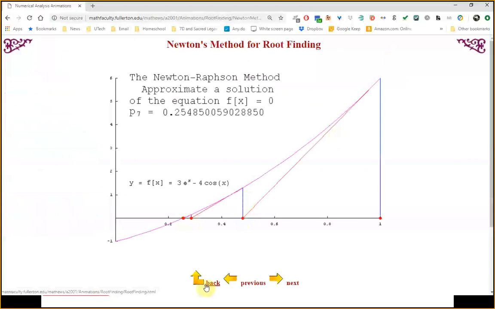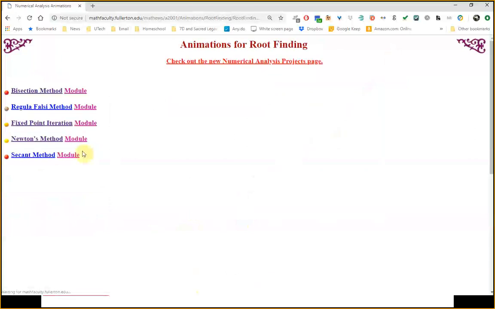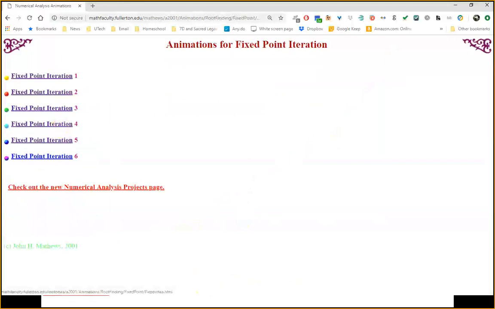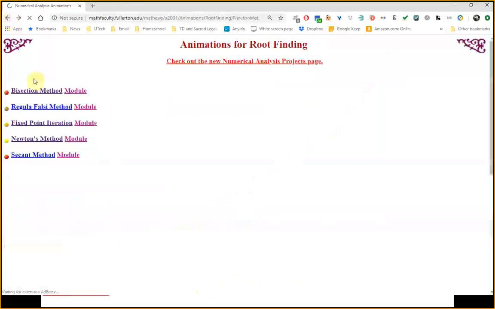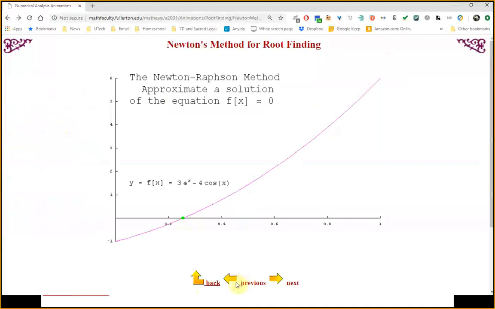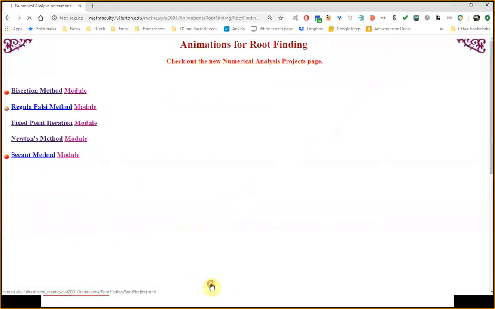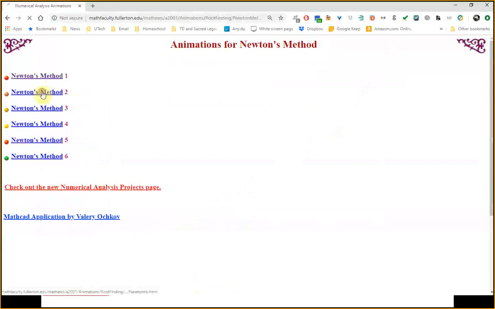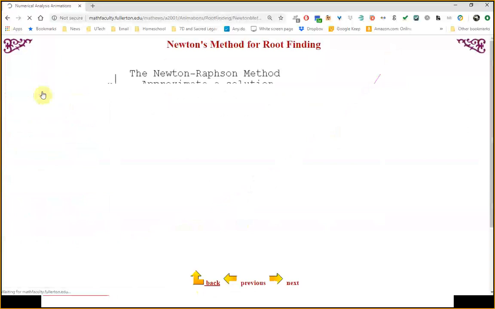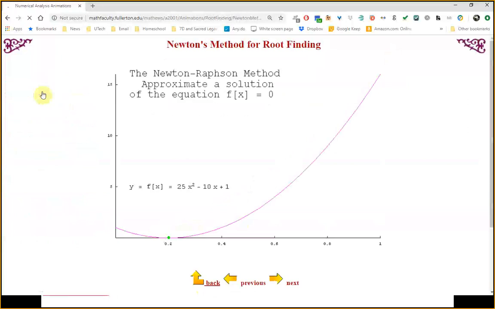Let's go to another one. See, so here we had convergence. Another case. Now look at this case.